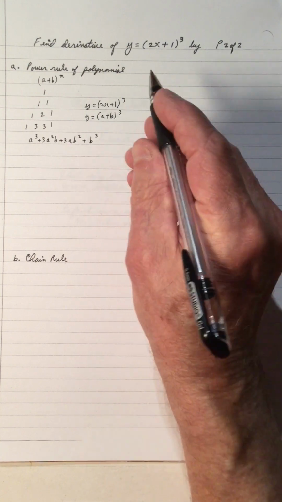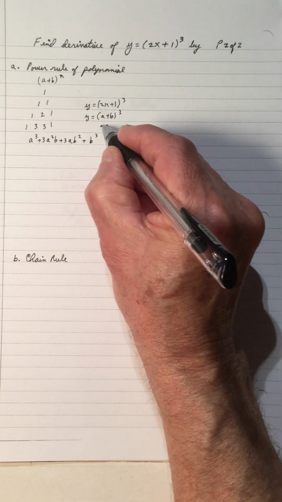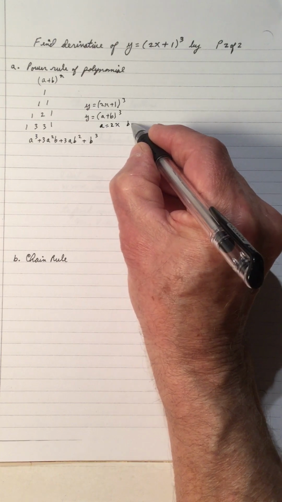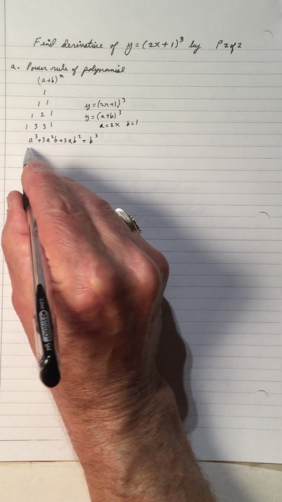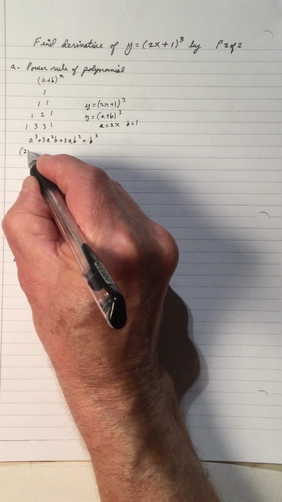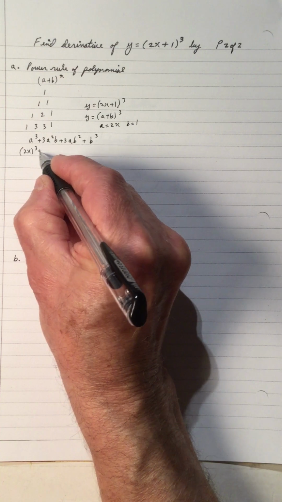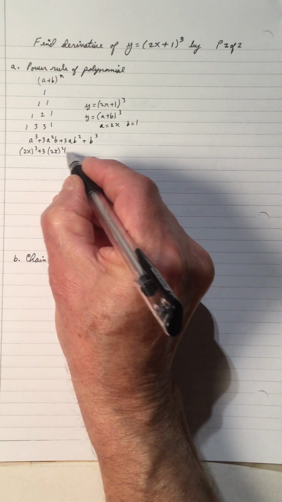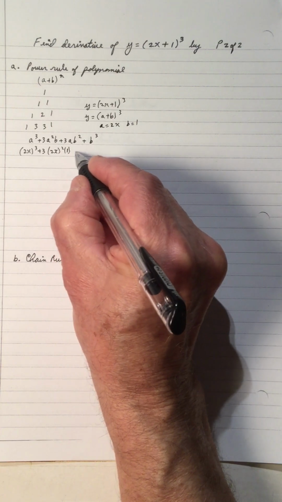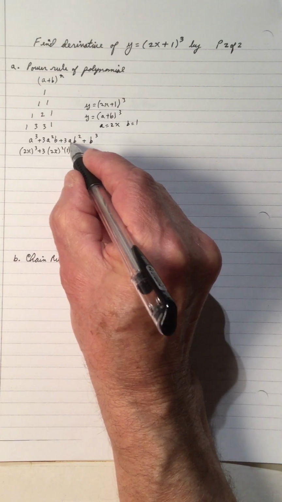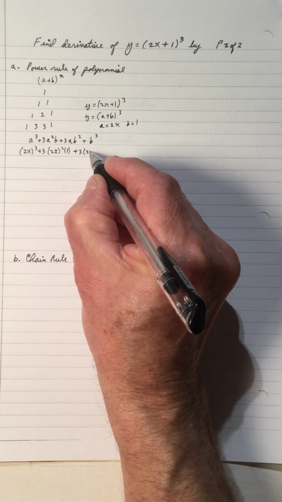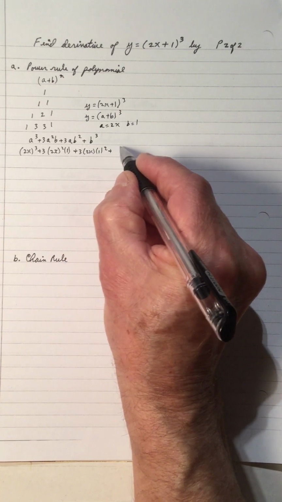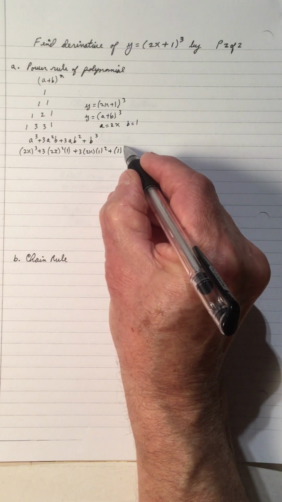So that means that a is 2x and b is 1. So we put a is 2x, that's 2x cubed; a is 2x squared, b is 1; plus 3, a is 2x, b is 1 squared; and b is 1, so it's 1 cubed.